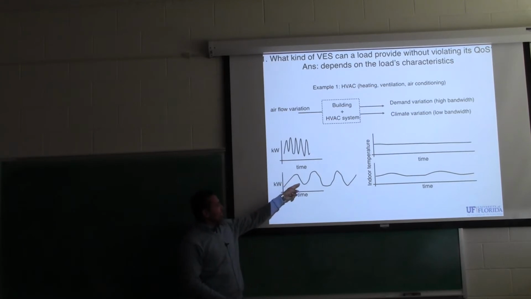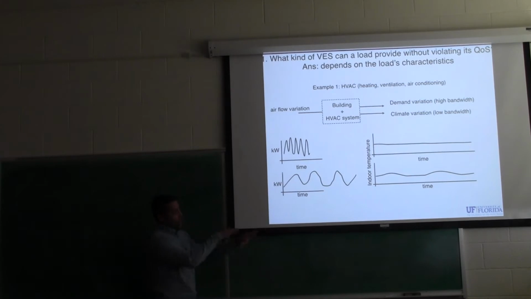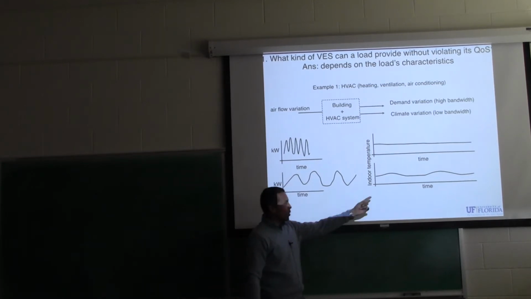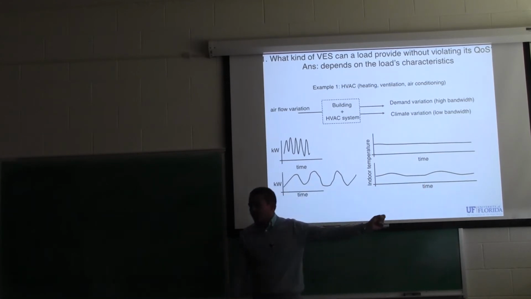But if you now very slowly increase the airflow, keep it increased for like 2 hours, and then decrease, keep it low for the next 2 hours, now there will be a noticeable change in temperature. So in this case, we cannot really use that. This would have been useful. This is like a battery charging and discharging much more slowly, but we actually cannot do that because it's going to lead to a violation of quality of service.